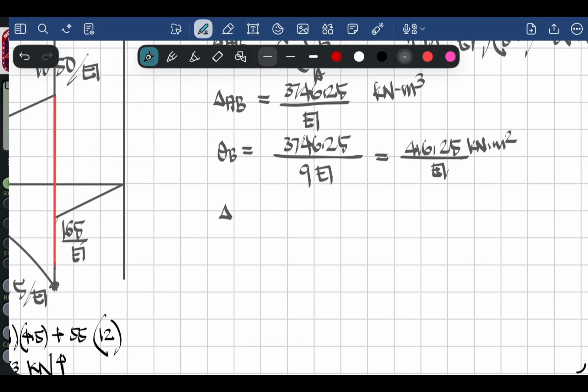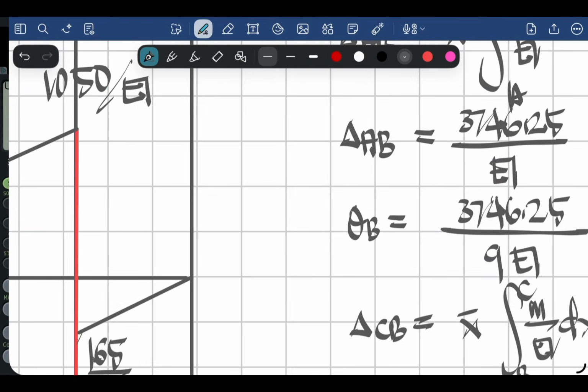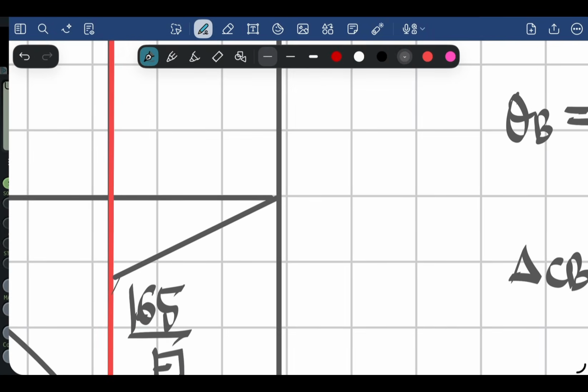Delta CB is equal to x bar times the integral of M over EI dx from B to C. B to C is this small triangle.